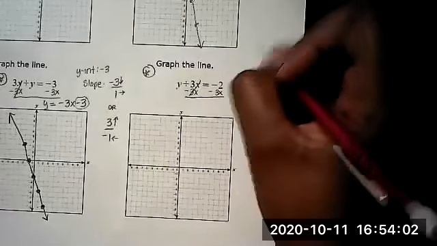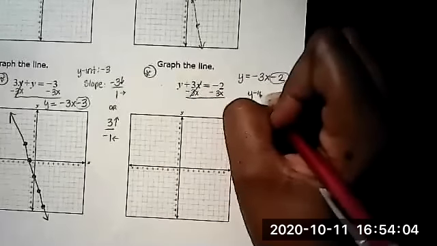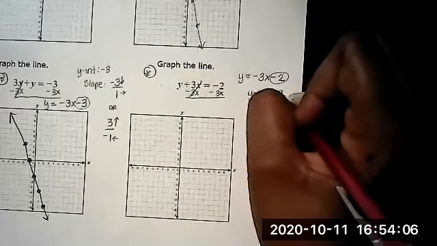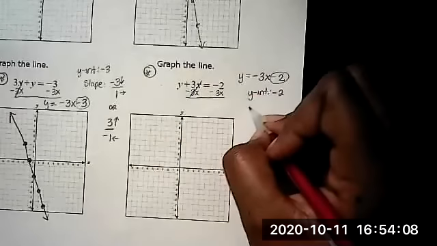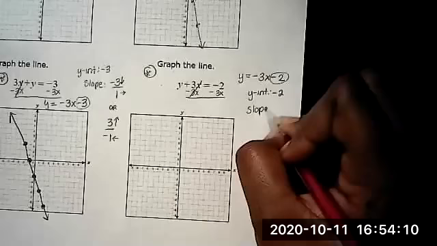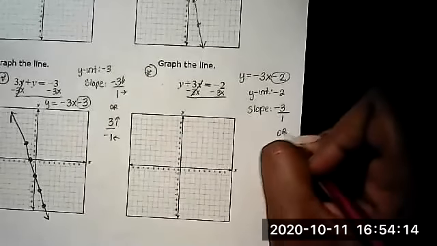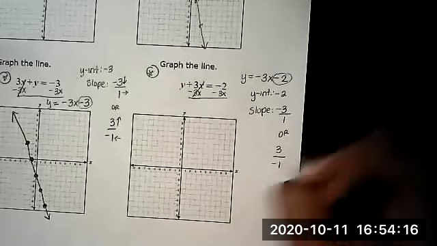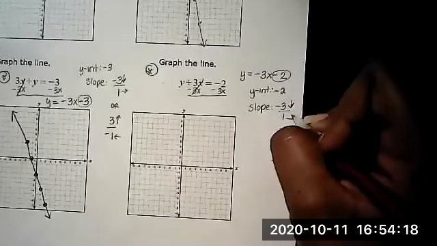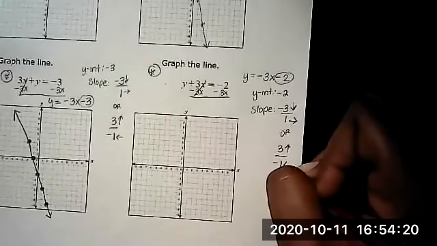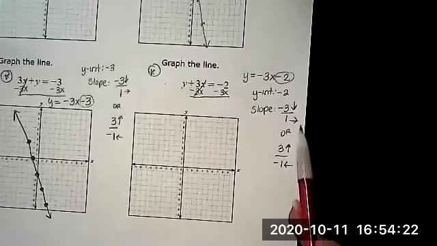My y-intercept here is -2. And your slope looks like -3 over +1 again, or +3 over -1. Down 3, right 1, up 3, left 1. Okay.